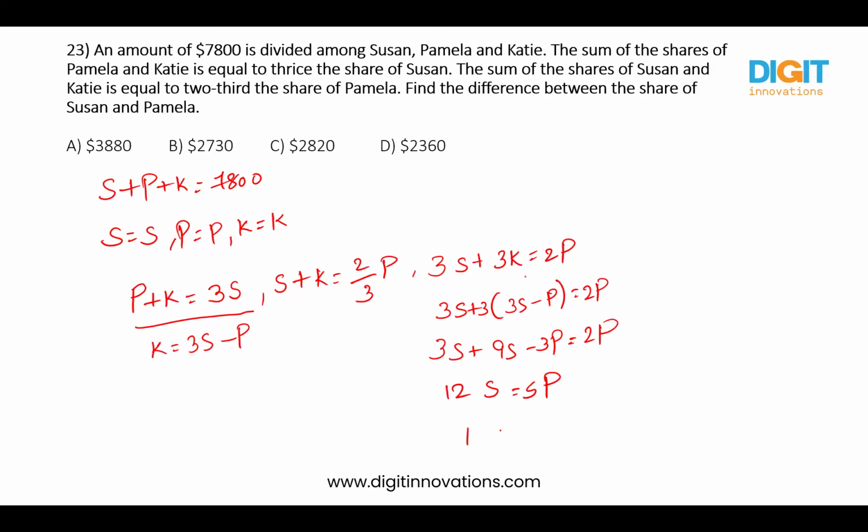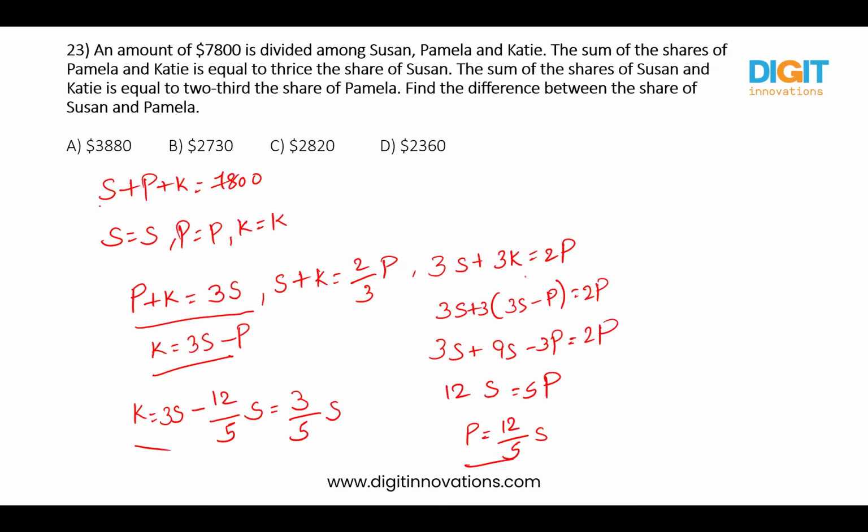So P value we will get in terms of S. I'm placing this P value: K equals 3S minus 12/5 S, which is 15S minus 12S over 5, which is 3/5 S. Now I got the K value and P value.